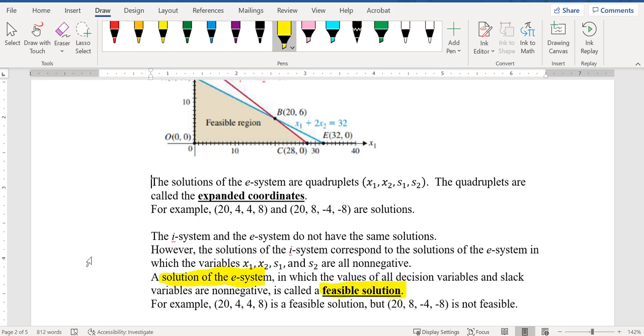Looking at some examples, do you see how they're all non-negative? That would be a feasible solution, but this one would not be because of the two negative slack variables.